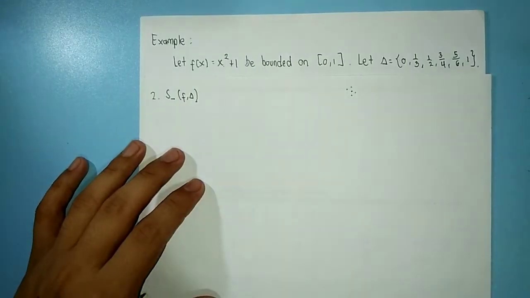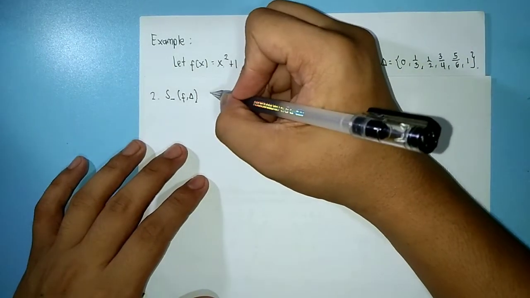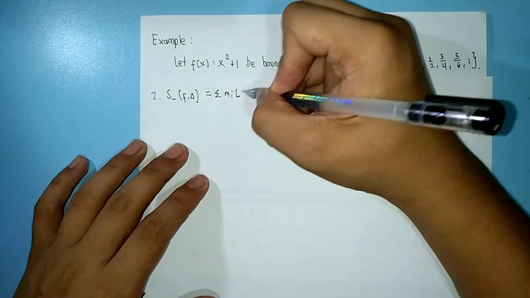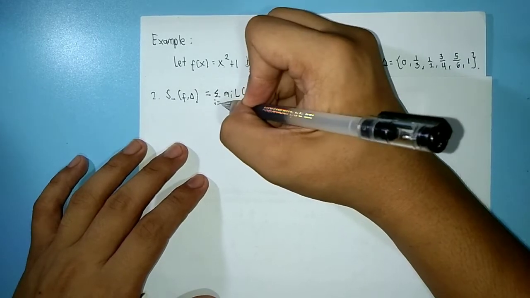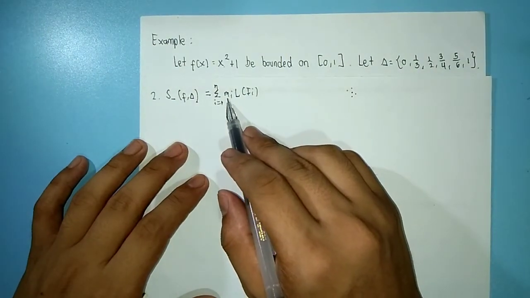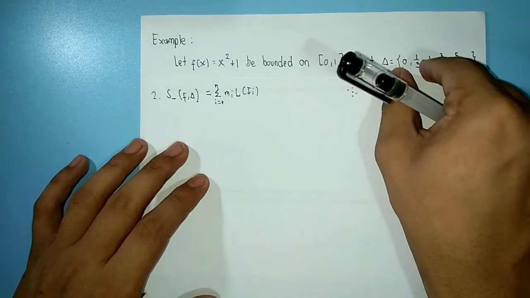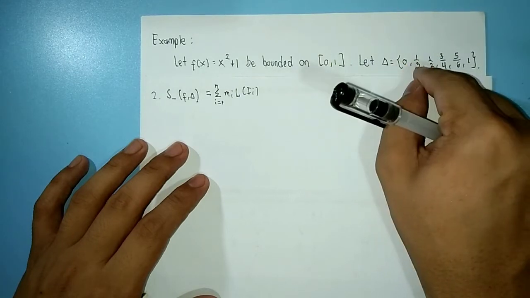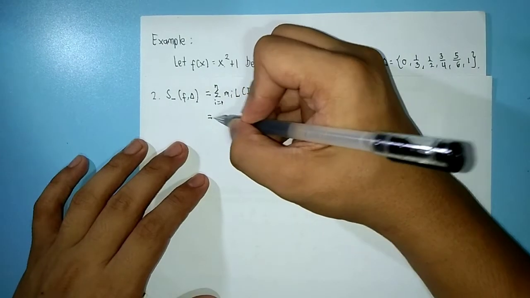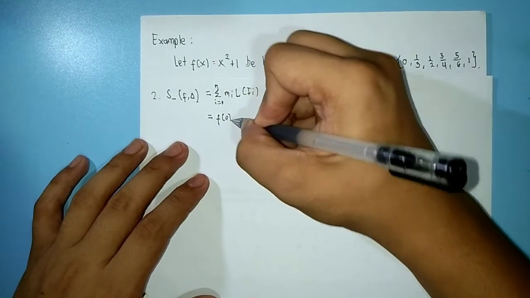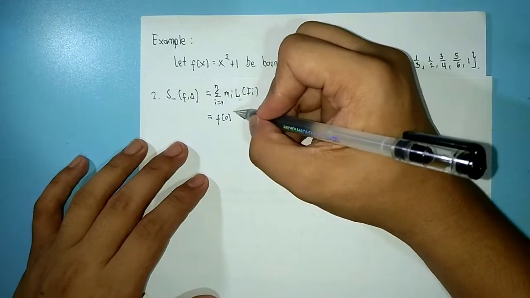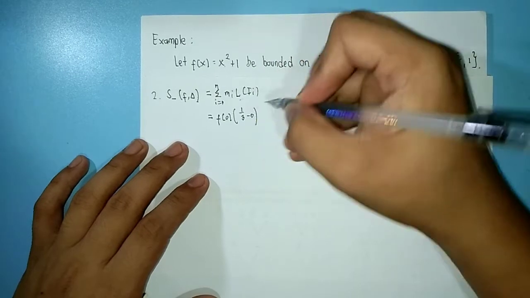For number 2, yung lower Darboux sum naman. So lower Darboux sum, this is equal to summation of m sub I, L of I sub I from 1 to n. So ito naman yung mga infimum. Okay? Kumbaga dito sa interval na to, yung mas mababa sa f of 0 and f of 1/3. So kinumpute na natin yung kanina, yung mas mababa, that is f of 0. Tapos yung length ng I sub I, that is 1/3 minus 0.